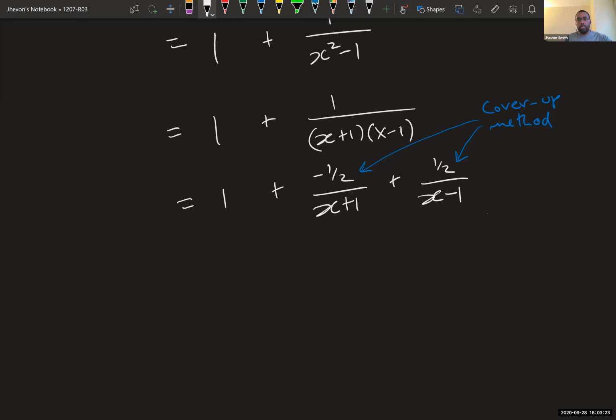Yes. Okay. So when I care about the numerator of the x plus 1, I will go to the original, cover up the x plus 1, and plug in what would make that 0, namely x equals -1. When I care about the numerator of the x minus 1, I cover up the x minus 1 and plug in x equals 1.